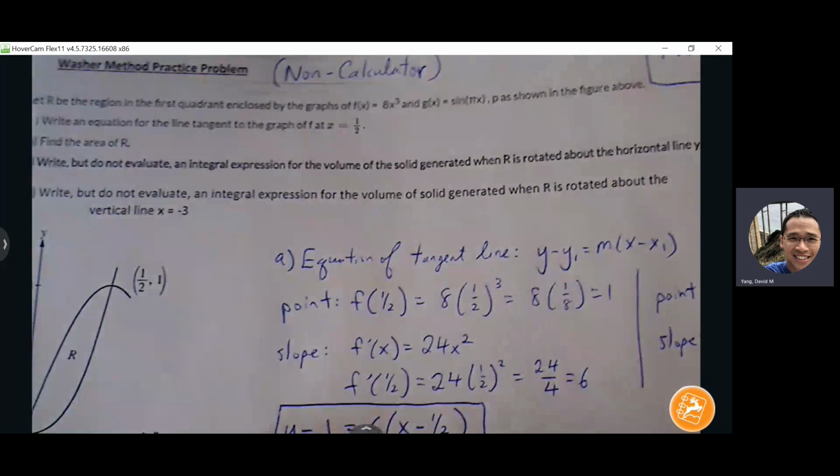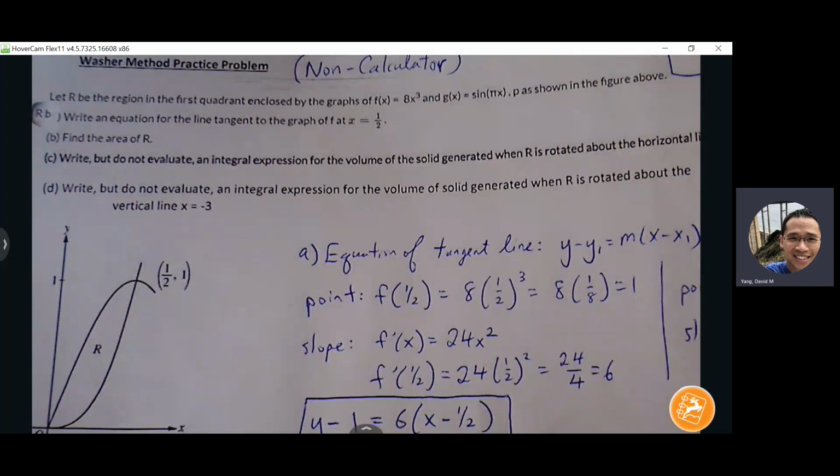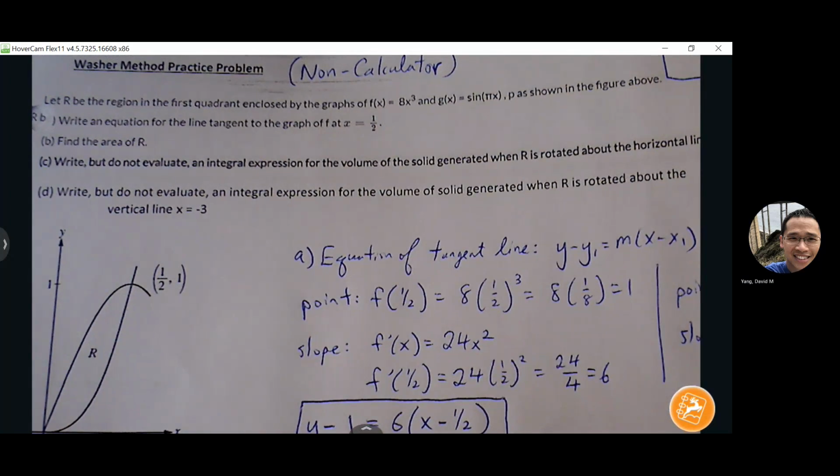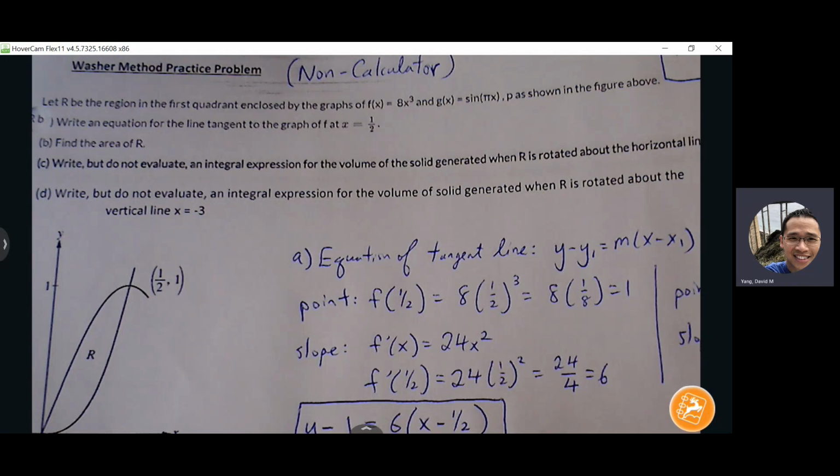Part B, find the area of R. Look at your shaded region. Is it easier to do top minus bottom, or is it easier to do right minus left? Top minus bottom in this case, because our equation is already in terms of x. If we want to do right minus left, you can, but you have to rewrite your equation.